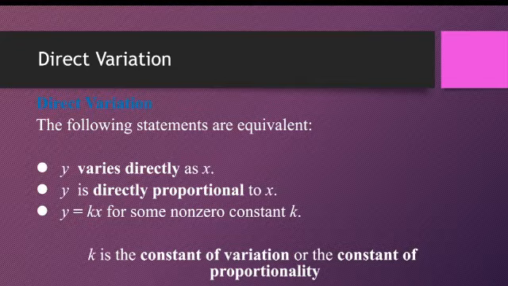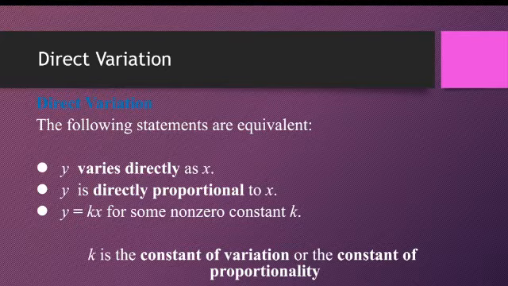So direct variation is the normal proportion that we discuss or you discuss from elementary grades. Makikilala natin siya with the statement y varies directly as x, or we can say also as y is directly proportional to x.